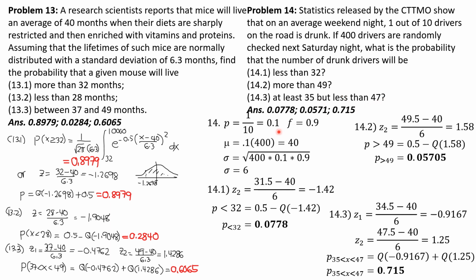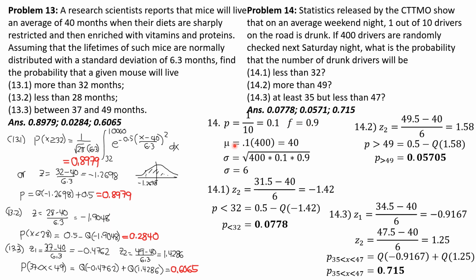So first, let's use the approximate normal distribution formula. The probability that the driver is drunk is 1 over 10, or 0.1. So the probability that the driver is not drunk is 1 minus 0.1, so 0.9.